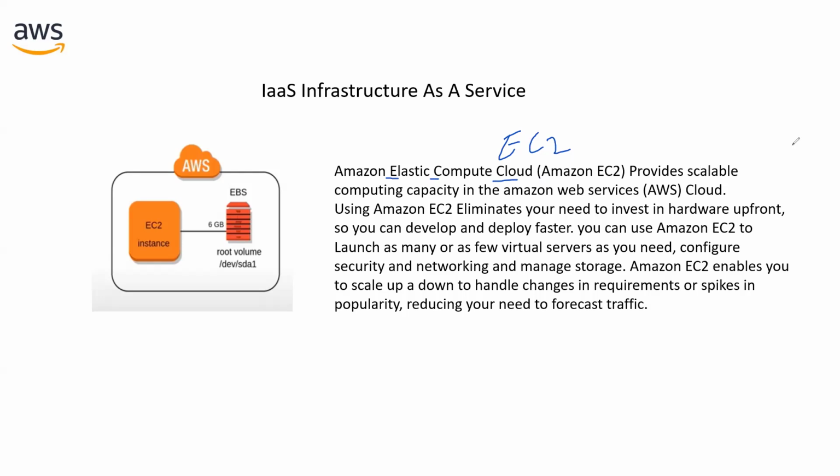It provides scalable computing capacity in the Amazon Web Services cloud, and using Amazon EC2 eliminates your need to invest in hardware upfront, so you can develop and deploy faster.